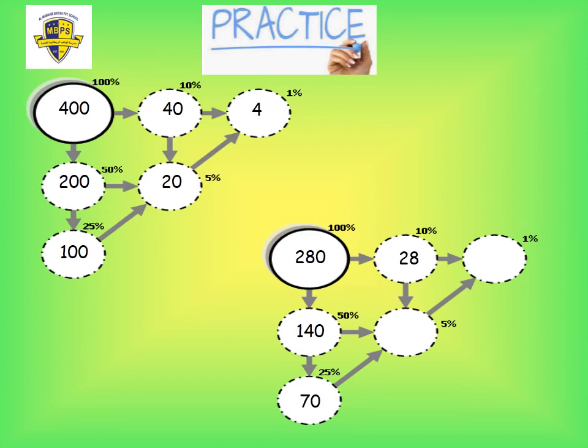So half of 28, it's what? Good, it's 14. The last thing, you have to find 1% of 280. 1% means we divide by 100. So 280 divided by 100 equals what? Excellent, 2.8. Good.